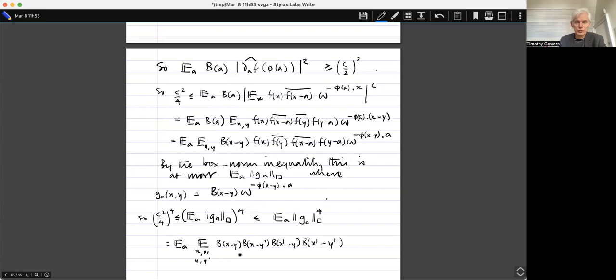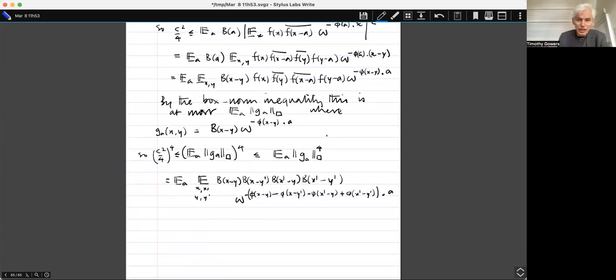I don't need to put complex conjugates because b is a characteristic function, but here I will need omega to the minus big brackets, phi(x minus y) minus phi(x minus y dashed) minus phi(x dashed minus y) plus phi(x dashed minus y dashed). So these signs came from whether or not I needed to take a complex conjugate, all dotted with A.